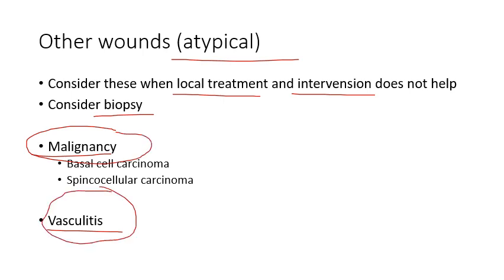You'll see in some books that if the edges of the wound are elevated, you should consider malignancy, but that in and of itself is not that secure. What I want you to do is, if a chronic wound won't heal despite local treatment and even intervention, then you should think malignancy or vasculitis and consider doing a biopsy or have the surgeon do a biopsy.